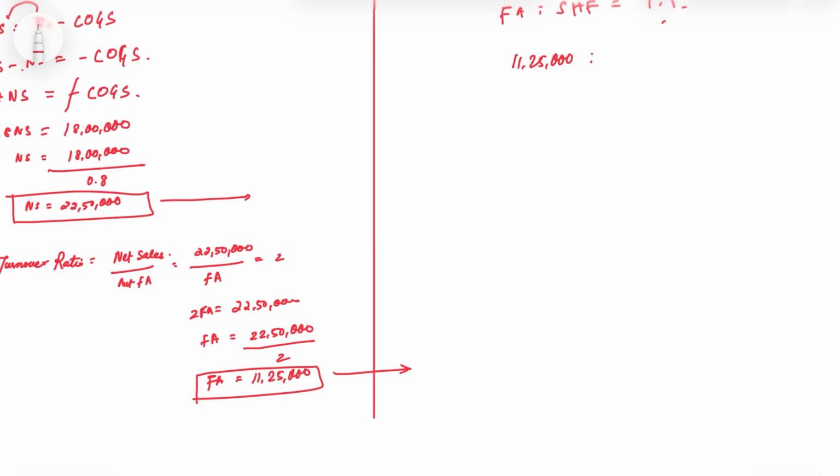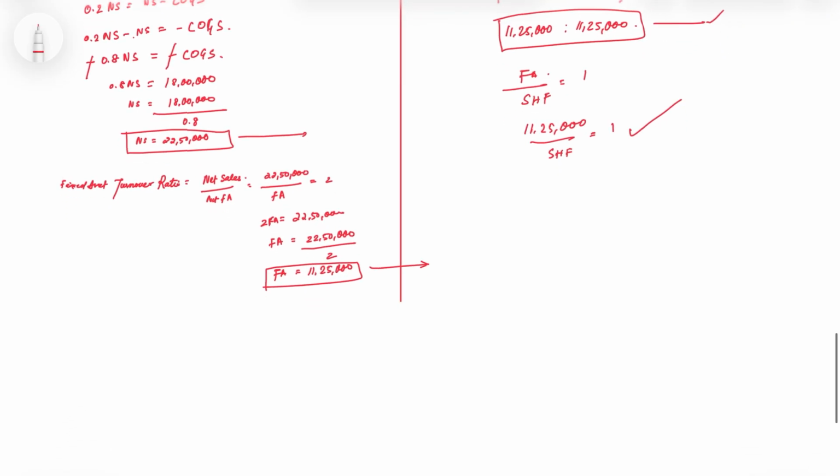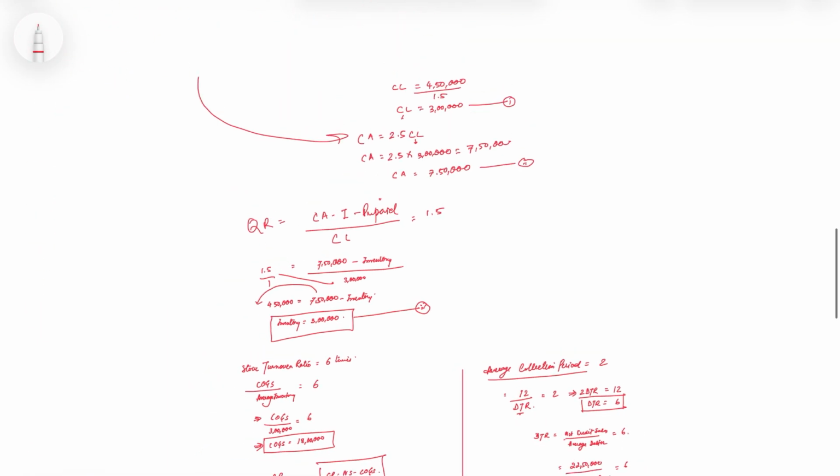Using the formula, fixed assets divided by shareholders' fund is equal to 1, so 11 lakh 25,000 divided by shareholders' fund is equal to 1. So shareholders' fund is 11 lakh 25,000. Next information.